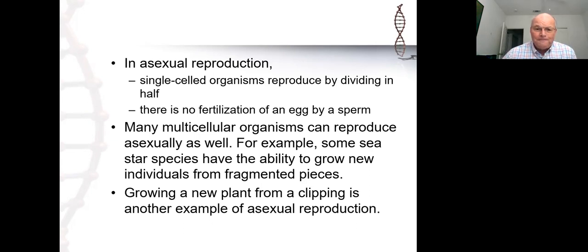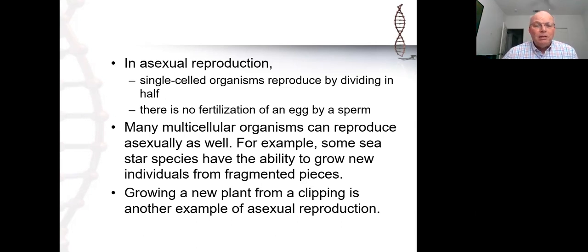It's strictly cloning. And if you've ever bought an orchid, either from the roadside or from a supermarket or a nursery or somewhere like that, it is almost certain, in fact, it's 100% certain that those orchids were produced by that cloning mechanism. And it is, again, asexual reproduction.